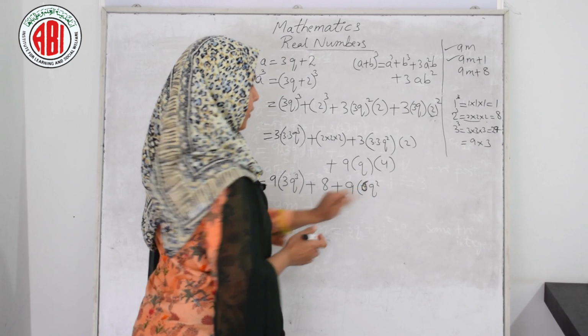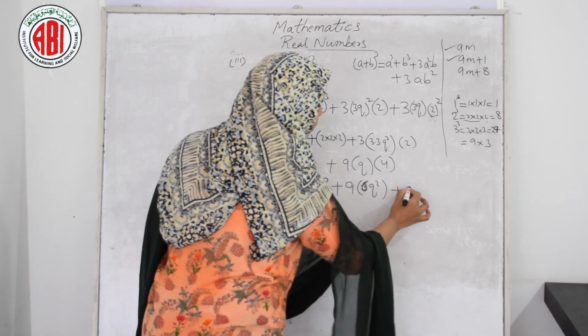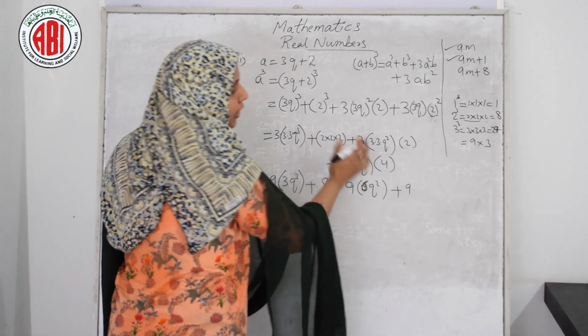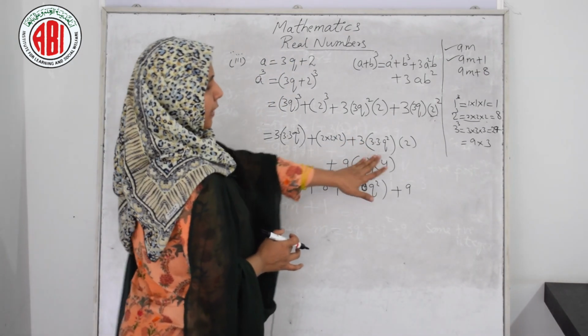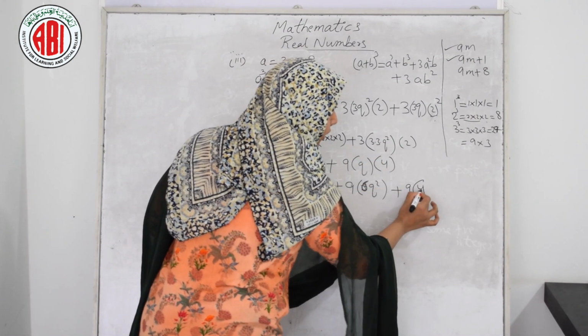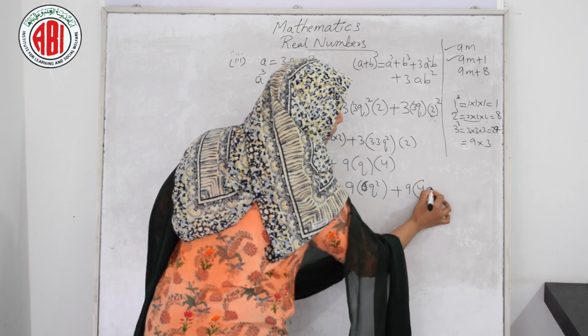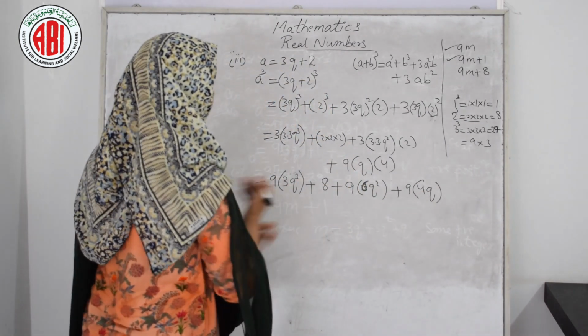So 9 into 6 q square, plus 9 as it is, 4q. We can multiply with 4, but no need, because we have to take out 9 common, so we are not multiplying. Always write the number first, then the variable term. Q is a variable term, we keep it as it is.